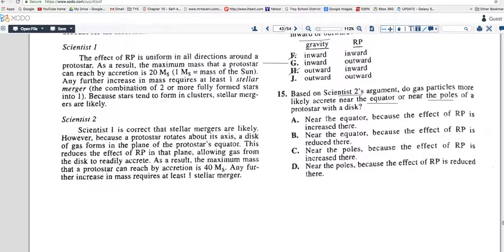This reduces the effective RP in that plane, which means it's near the equator because the RP is reduced there. Good. So where did he find that? Right here, the second one. It goes, a disk of gas forms at the equator. This reduces the effect of RP, which should give us B.